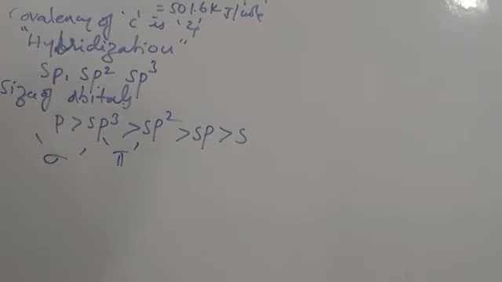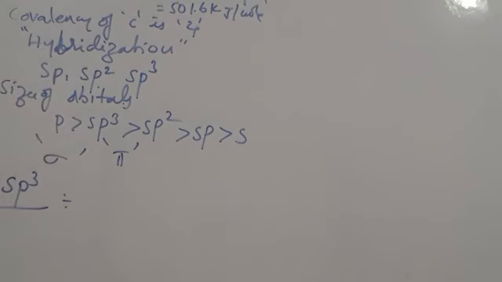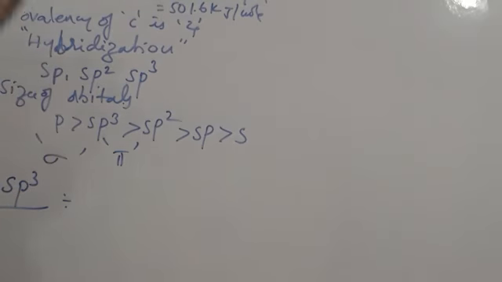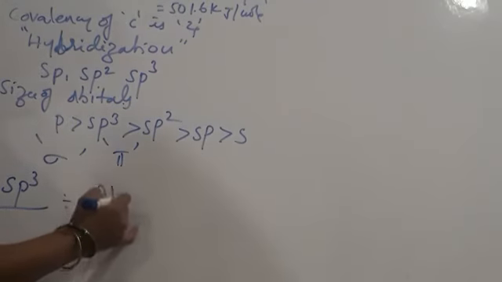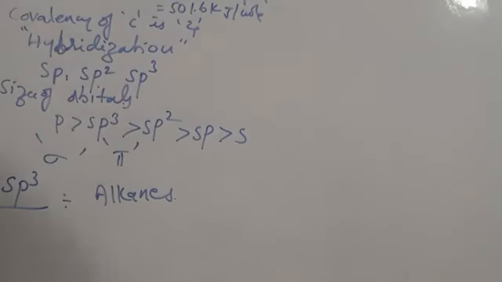Then first coming to sp3 hybridization. In sp3 hybridization, one s orbital intermixes with the 3 p orbitals and we get 4 sp3 hybrid orbitals. So all the alkanes undergo sp3 hybridization.